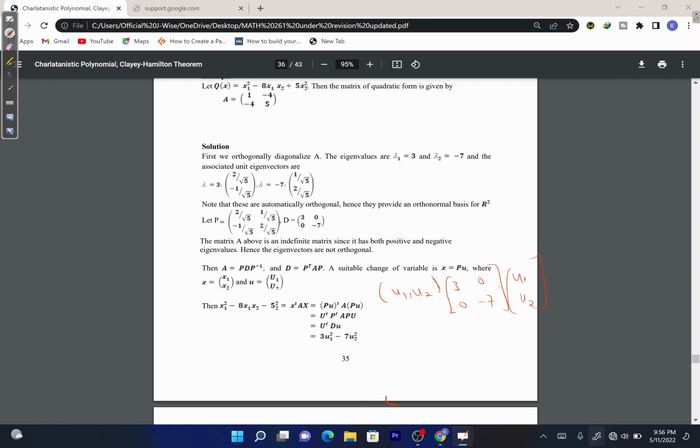When we simplify this, we get 3u1 squared minus 7u2 squared. So we have changed the variable: initially the variable was x, and this time around it is u. Now let's consider the second part of the question.